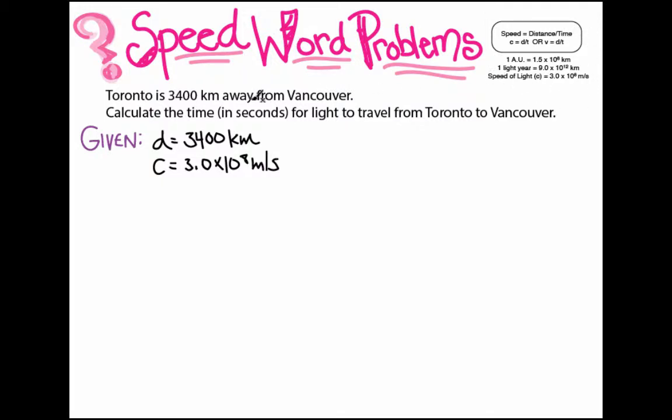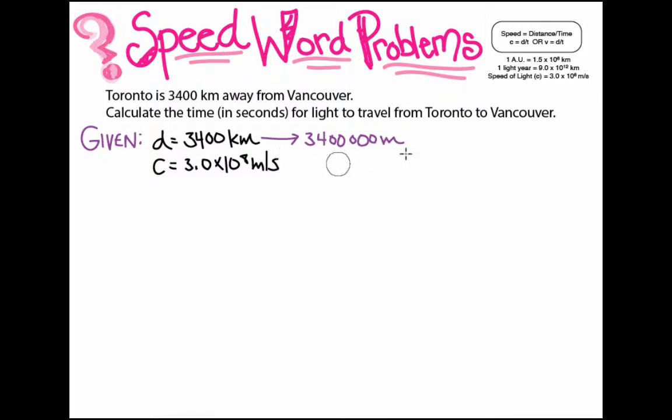The next thing that you should notice is that both of these values are in two different units. One is in kilometers and one is in meters. So in order for you to be able to cross out those units, they need to be in the same units. You can do this in two different ways. You can convert 3,400 kilometers to meters, which would become 3,400,000 meters.